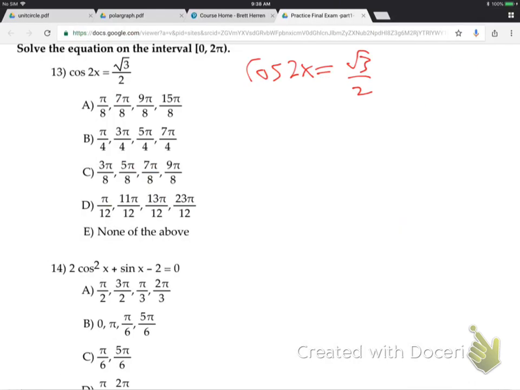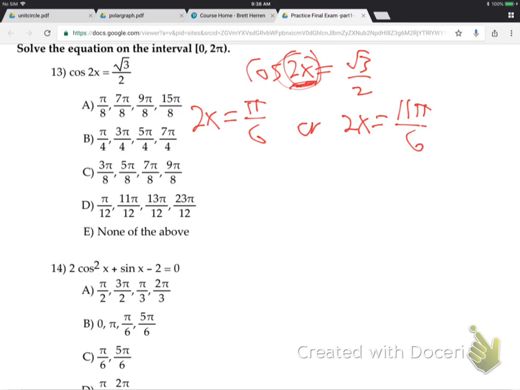So you go back here and go, okay, so the angle 2x is pi over 6, or the angle is 11 pi over 6. Right? Because the cosine of what angle is root 3 over 2? The angle, the 2x. The 2x is the angle, isn't it? Must be pi over 6 or 11 pi over 6.